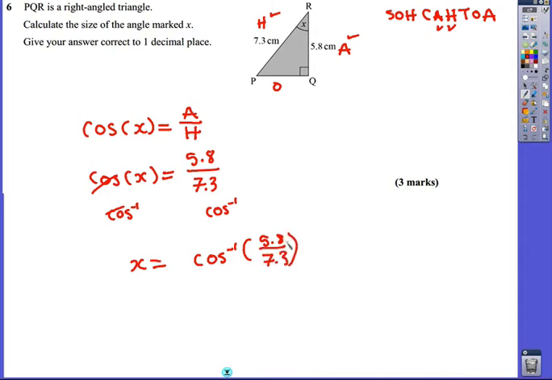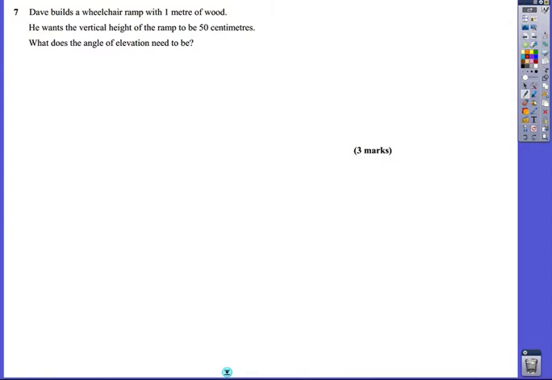Well done for those who've written everything out when they did this in the calculator. But I'm not going to do that, so I'm just going to give you the answer straight away. So x is 37.4 degrees to 1 decimal place. And that's what they wanted. 37.4 degrees.